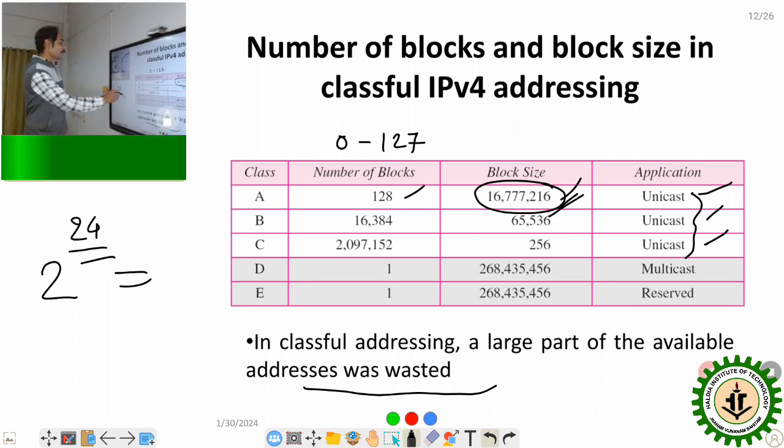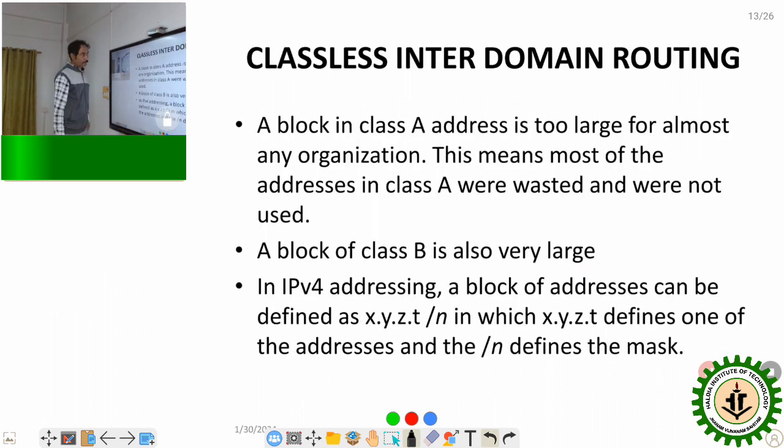Before that, here is the number of blocks and the block size for each of the classes, and some observations. Class A is very large, which we are just discussing right now. B is also very large because 2 bytes are responsible for the host, whereas comparatively C has a small size. And here you follow the last point.